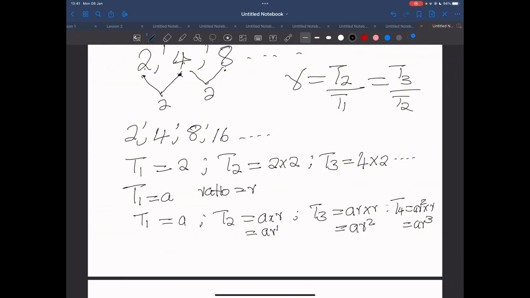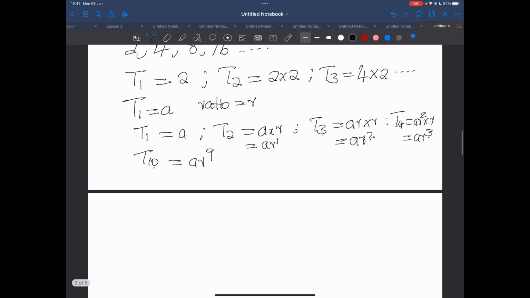If it's term number 3, then it's AR to the power 2. If it's 4, then it's AR to the power 3. So we can now use this to get any term. For example, if we want term number 10, we can simply say it's AR to the power 9.